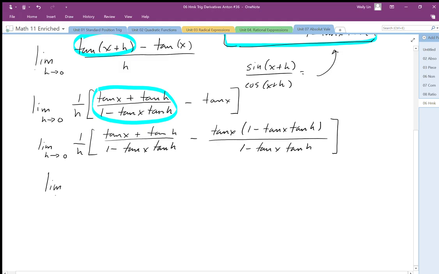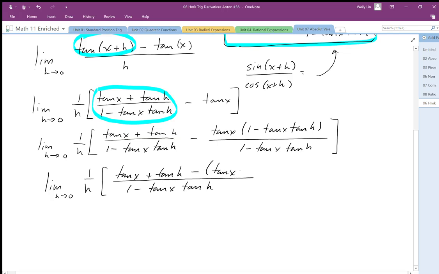So this is the limit as h approaches 0. And I'm going to put this all over a common denominator, 1 minus tan x tan h. We end up with tan x plus tan h minus tan x, so those tan x's cancel out, minus, in fact I'm going to get rid of this bracket and just make that a minus minus a plus, so this becomes plus tan squared x times tan h.